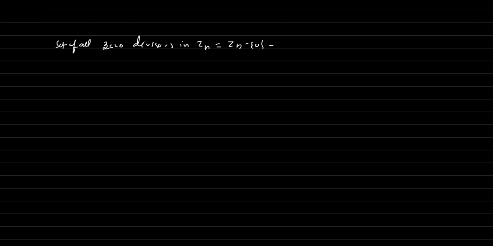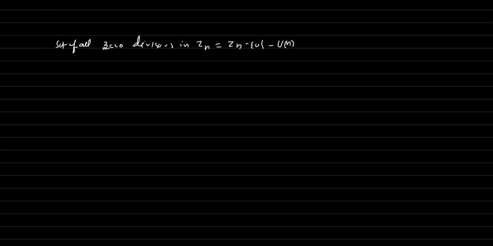And next we need to remove what? Any number which is relatively prime to n will not be a zero divisor. So we need to remove the elements in U of n also, and U of n contains the elements which are less than n and relatively prime to n. So the zero divisors in Zn is equal to Zn minus the set 0 minus U of n.